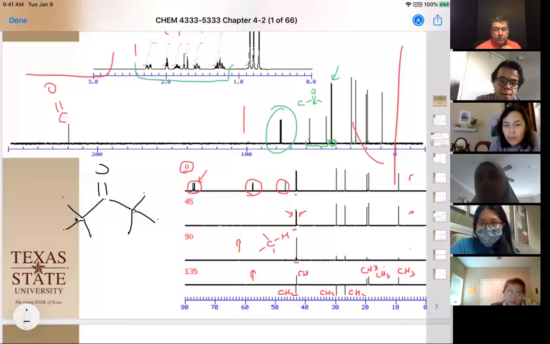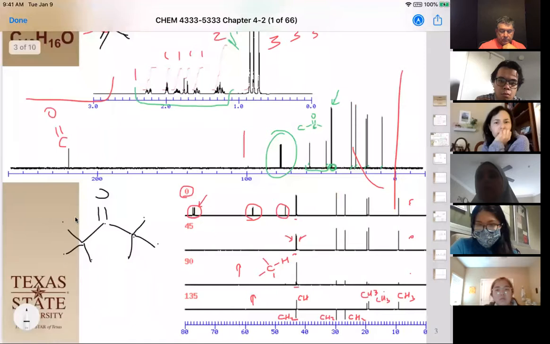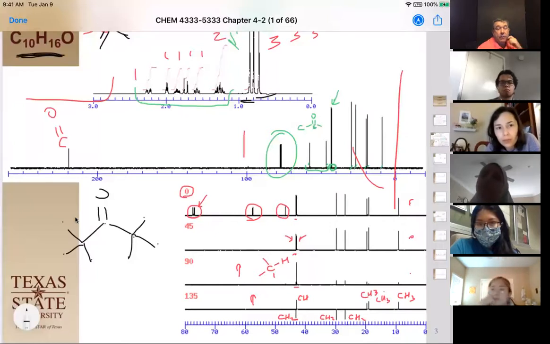So how can we account for that? It looks like we have 3 methyl groups that are spatially different. And we've already got our hydrogen deficiency taken care of, so we don't have a ring.